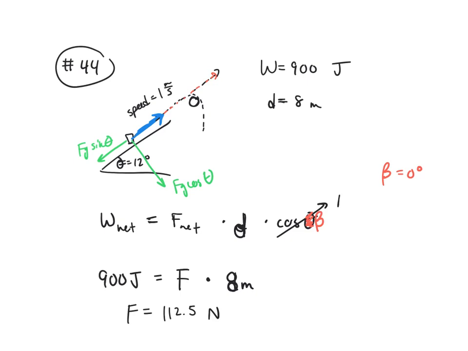The actual work done. What are we thinking about for work done here? Yep. Isn't it 0 because it's constant? We're not told that the velocity is constant here. We're just told that the work done is 900 joules at 8 meters here.